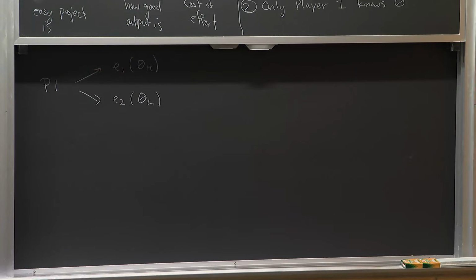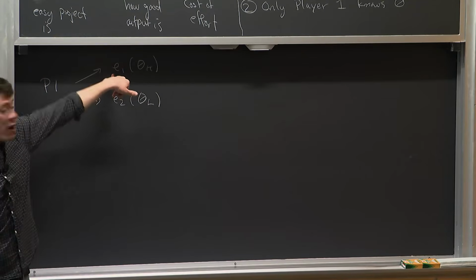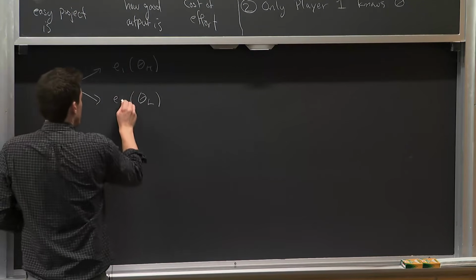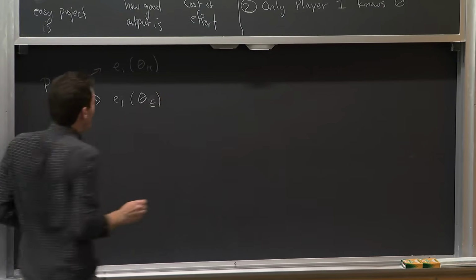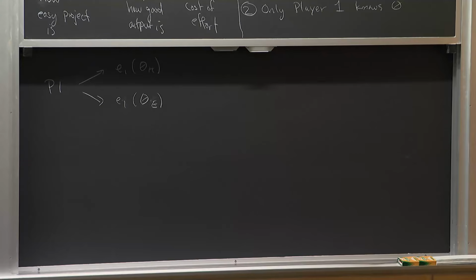If player 1 knows the project is hard, they might find it not as worthwhile to work on the project. If they know the project is easy, they might choose a different level of effort, right? So we're going to have to capture that when we think about a player's strategy in the game. Player 1's strategy might depend on how hard the project is.